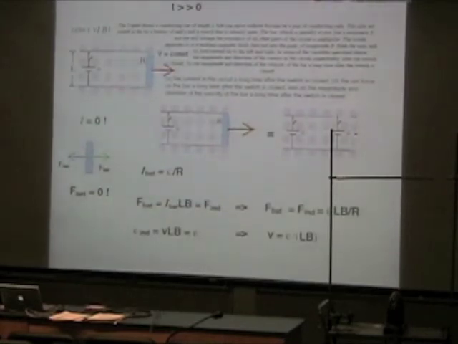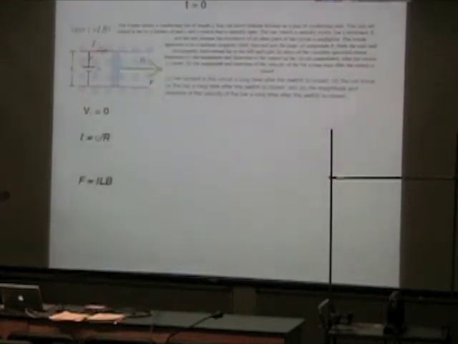All we have to do is just apply all laws straightforwardly to the situation. So here, initial velocity is 0, initial time is 0. The current in the circuit is equal to EMF over resistance, and this is the value of the force acting on the rod.